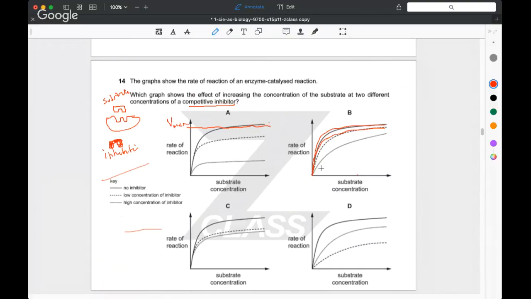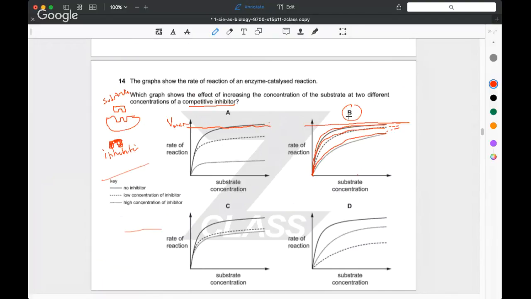And that same argument applies for a higher concentration of competitive inhibitor. And you can see that all these three lines, if we continued them, are all trending, aren't they, to Vmax, where at that point the substrate concentration is so high that it's outcompeted all the inhibitors and saturated the number of active sites. And so that graph there is the correct answer.